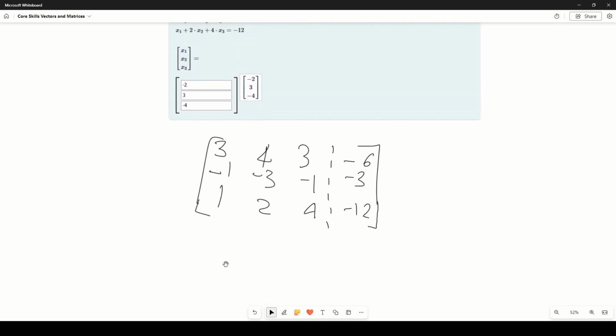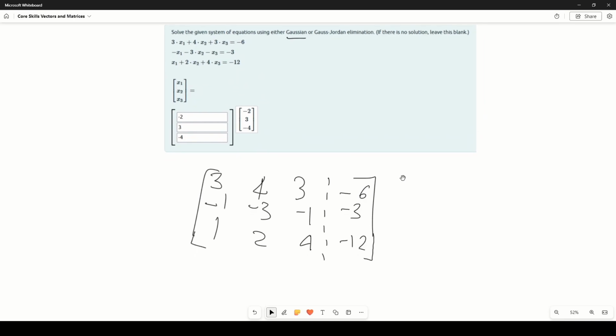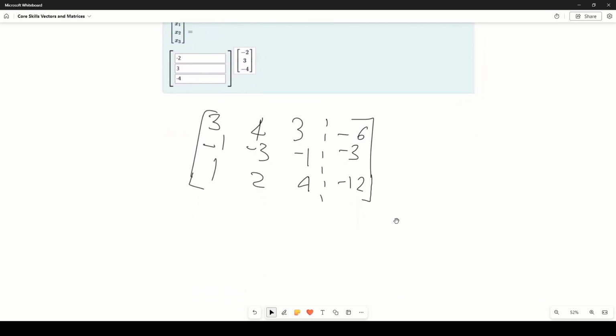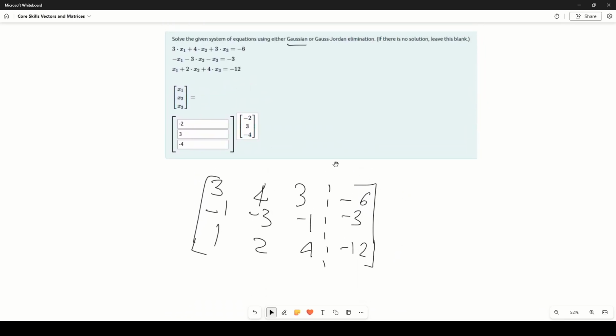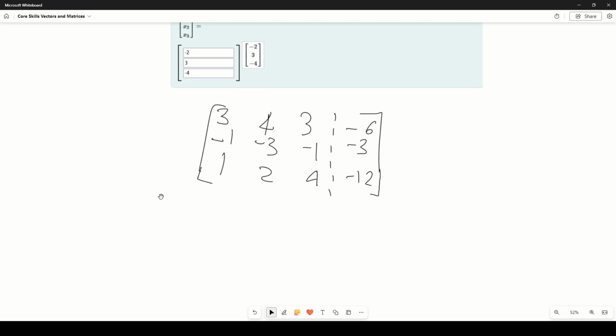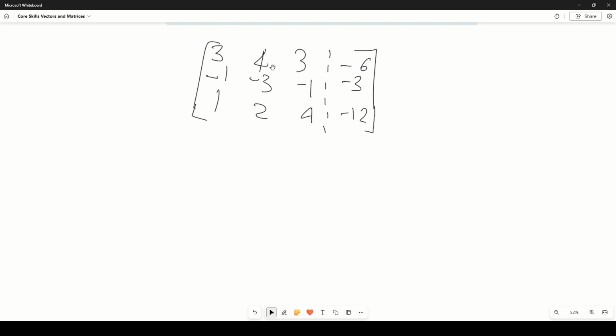And what we're actually doing here is solving for x1, x2, and x3. Another way to think about these is like 3 simultaneous equations, which you're then going to work on. Because the values of x1, x2, and x3 are going to be the same in all of these, you're able to do stuff like that.